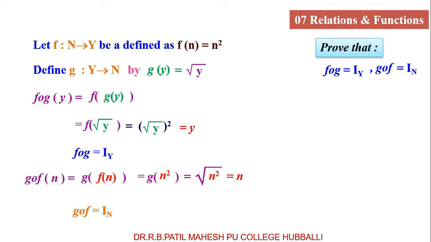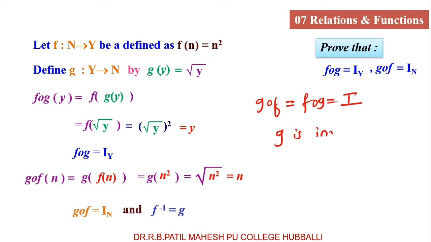So both are identity, f composition g as well as g composition f are identity functions. Therefore this g is the inverse of f, that is denoted as f inverse is equal to g. So from these two examples we understood that g composition f is equal to f composition g is equal to identity function, then g is the inverse of f.